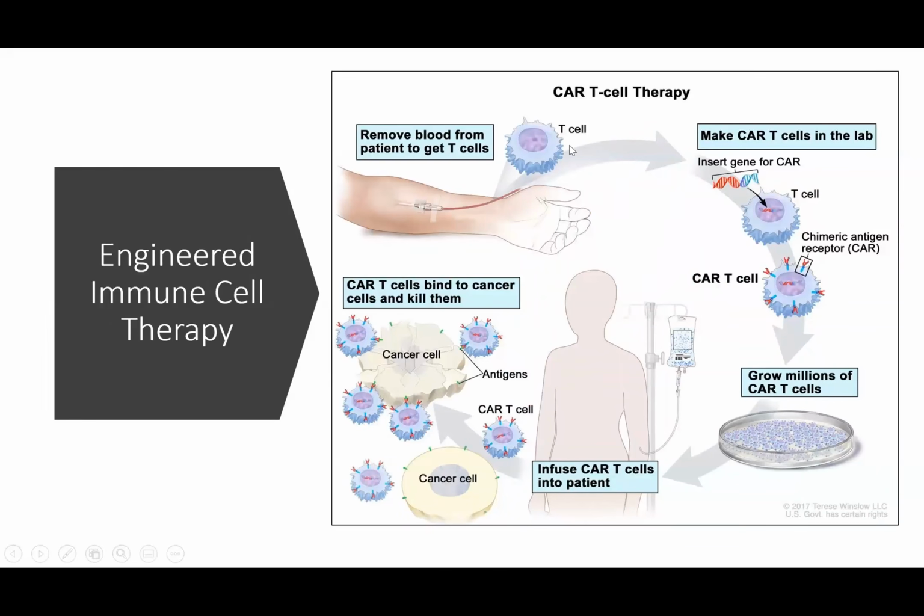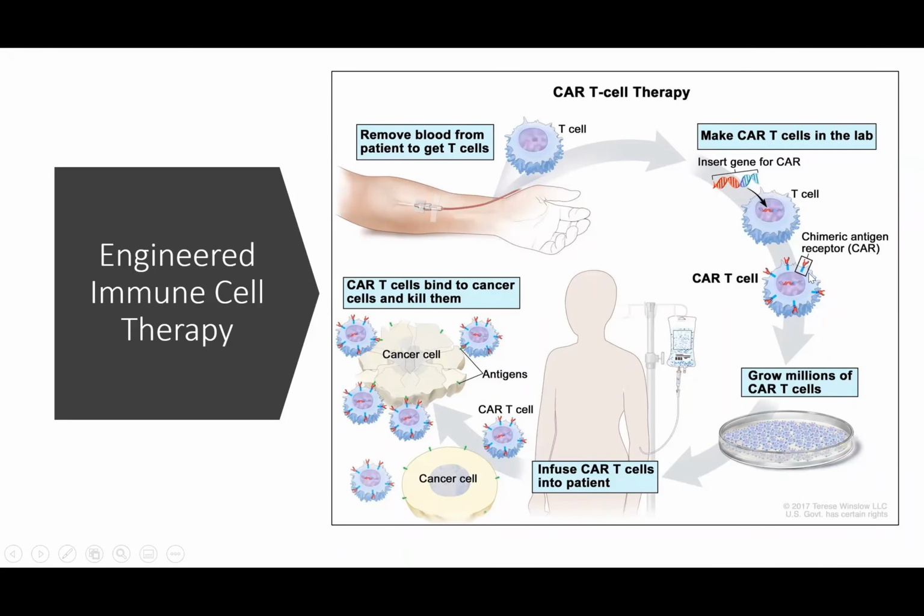Another strategy, of course, is the CAR T cell therapy, and we use different immunoengineering tools to engineer the surface of T cells to be able to fight and attack the cancer cells. In summary, we can remove the blood from the patient and isolate the T cells using certain kits, then transfect the T cells with certain gene or DNA, including chimeric antigen receptor, CAR.